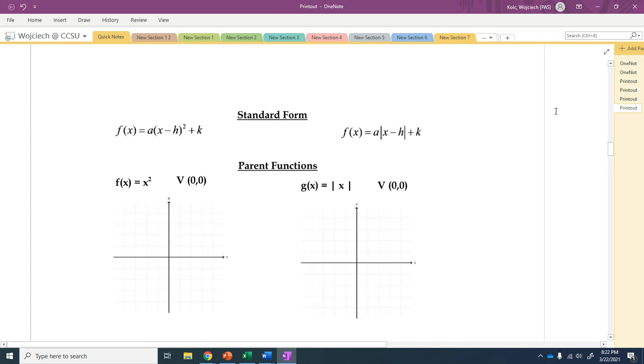Just a quick review of some terminology from the vertex equation. So in this case, I have y equals a parentheses x minus h to the second power plus k. So here, the value of a really tells you stretch or shrink.